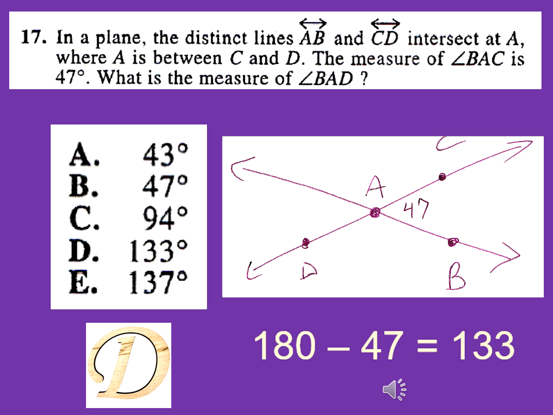It also says that the measure of angle BAC, remember the middle letter is always the vertex, has to end up being 47 degrees. We're supposed to find BAD, which in the way I drew the picture is just the other half of the bottom. Key thing is there's 180 degrees in a line, so we subtract from 180, the answer is 133.